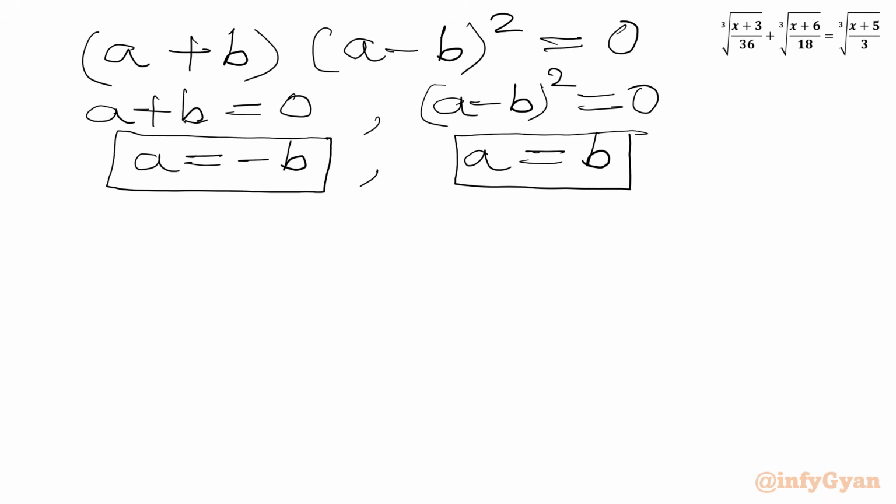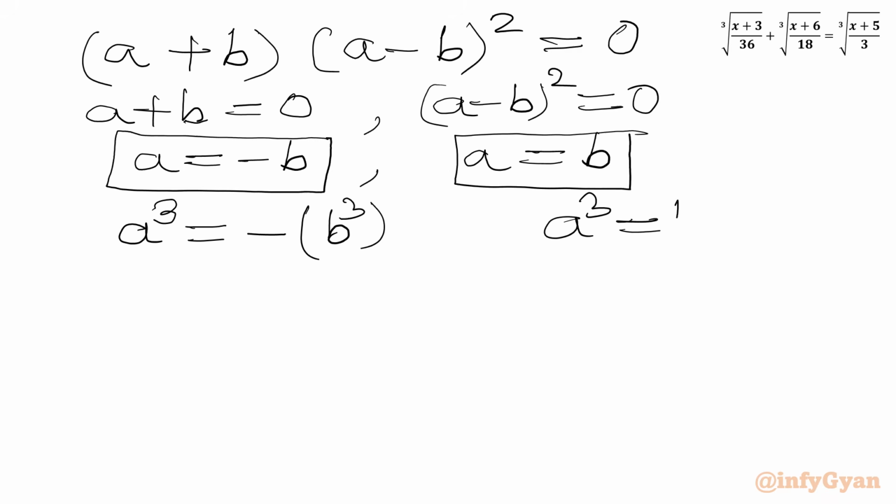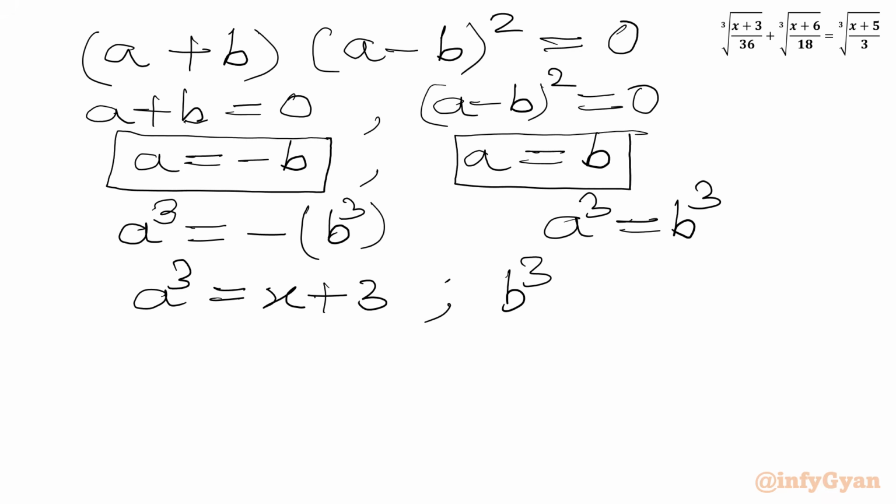I will cube both sides. I can write a cube will be equal to minus b cube. Here also we can write a cube will be equal to b cube. Now if you remember, a cube was x plus 3 and b cube was 2x plus 12. So I will solve here.